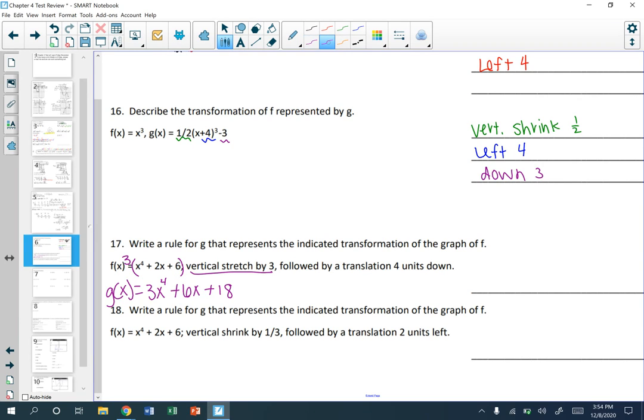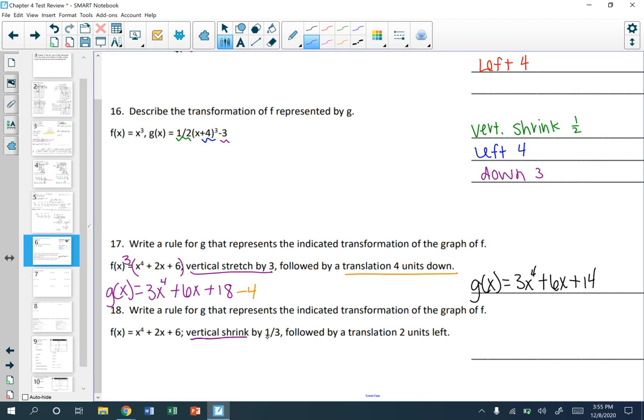Okay, and then followed by translation down 4. So we just simply subtract 4. And our final answer here is 3x to the 4th plus 6x plus 14, because I got 18 minus 4. All right.